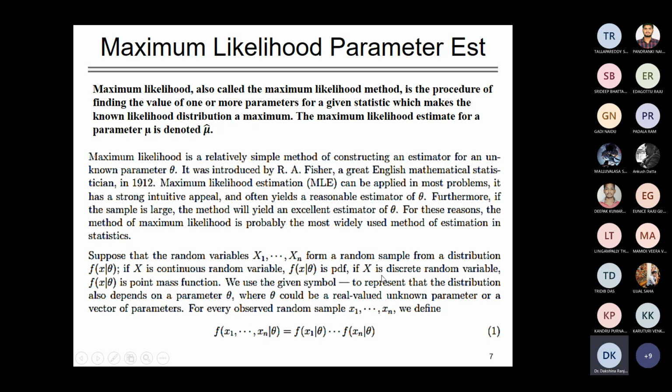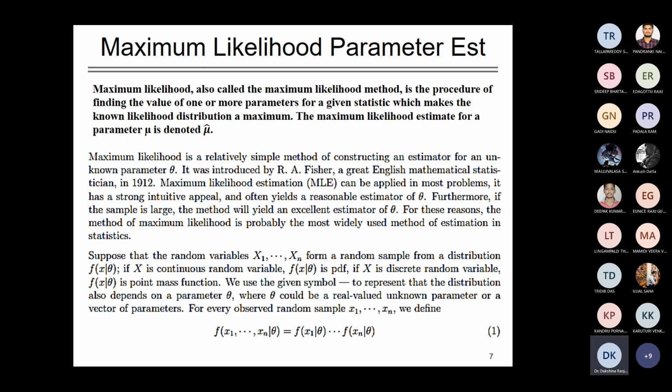If capital X is a discrete random variable, then f of x given theta is a point mass function. We use the given symbol to represent that the distribution also depends on the parameter theta, where theta could be a real valued unknown parameter or a vector of parameters.